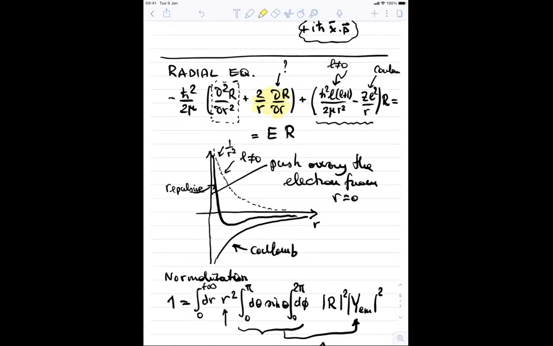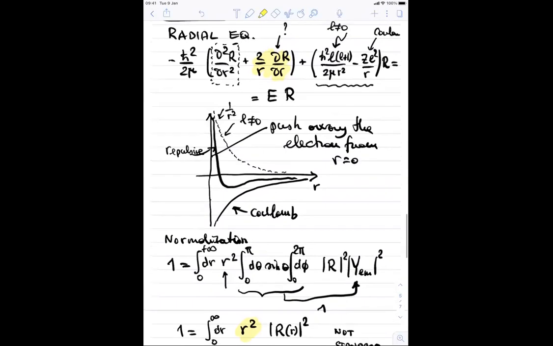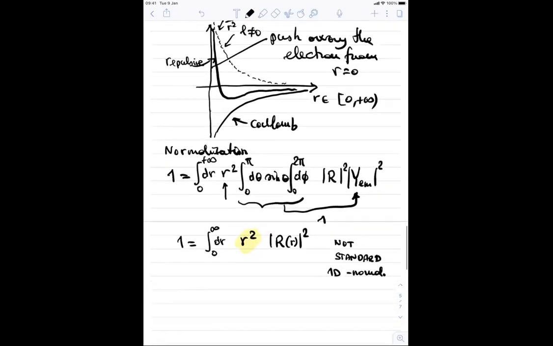I would like to reduce myself to a standard Schrödinger problem in one dimension on the half line 0 to infinity, but there are these couple of strange things. Well, the solution is the following.